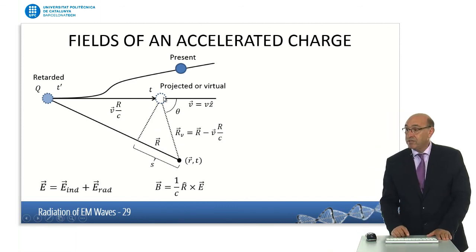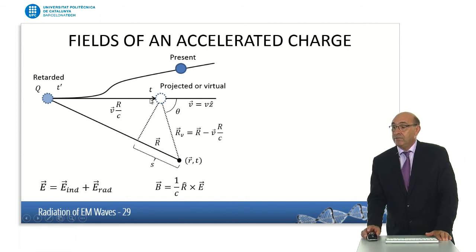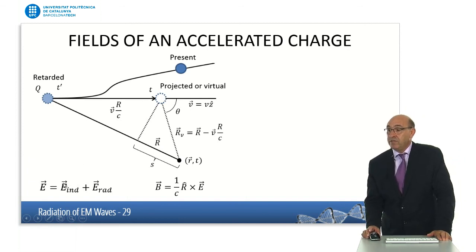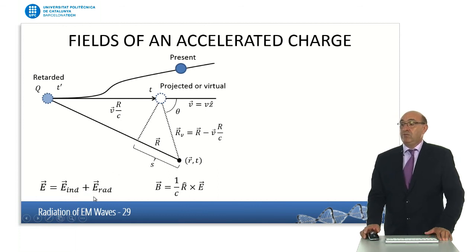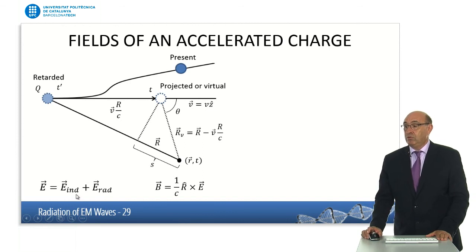The expressions in this case have the expressions for the uniform motion case plus the important one. Now here we use two names to denote them. We call this the induction or near fields.